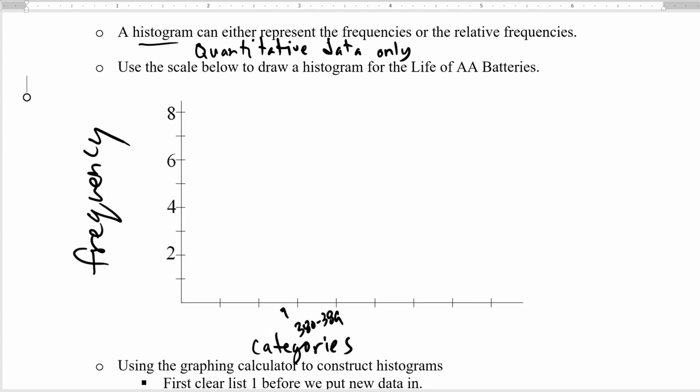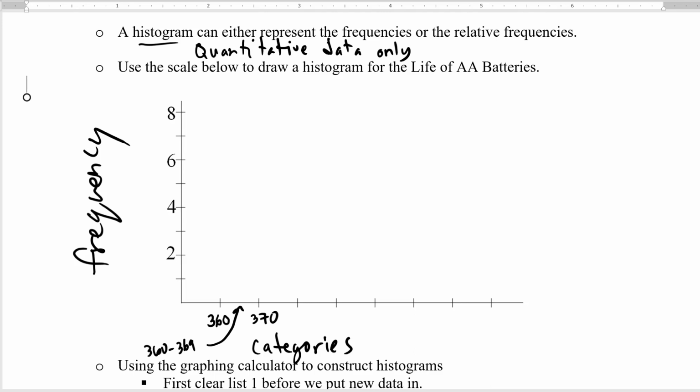So what we do, if I want the first bar to be from 360 to 369, is we put the minimum here at the 360. And the next one, we're going to put the next minimum, which is 370. What goes in here is the bar for 360 to 369.